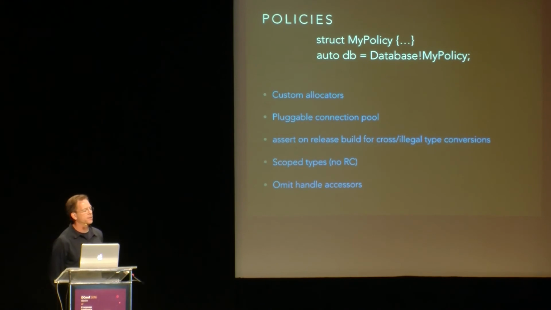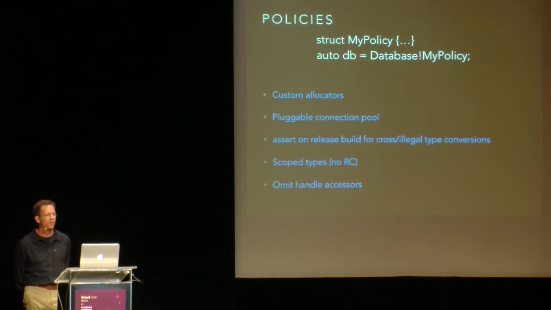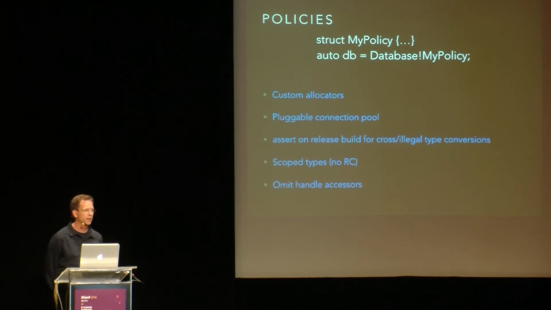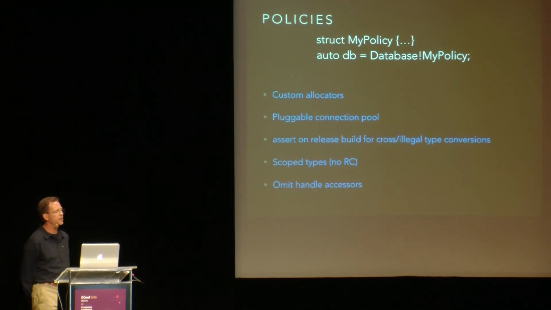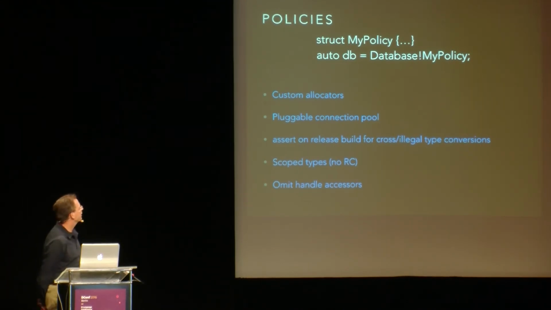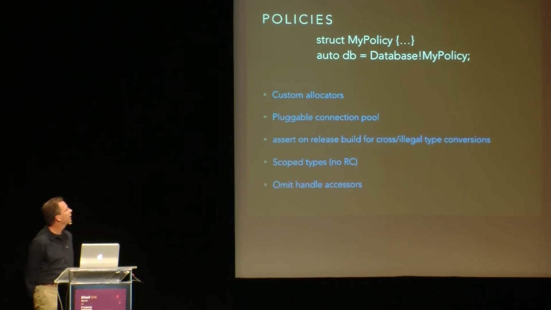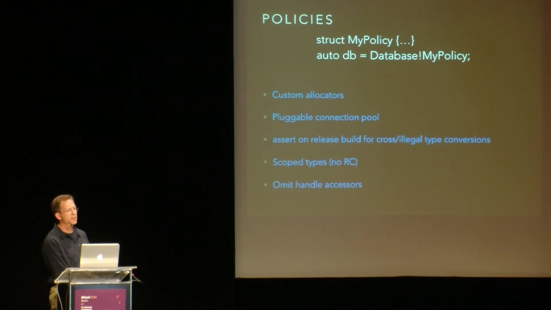One of the things that was necessary to have this be a candidate for Phobos was that it all had to be templated. And there are a lot of other reasons why you can take advantage of the fact that this is a template design. But one particular thing that you can do is pass in a policy. A policy is just something that holds things you'd like to customize about your particular database.